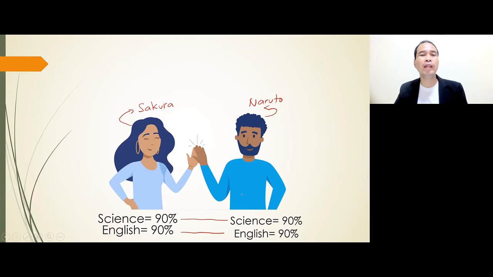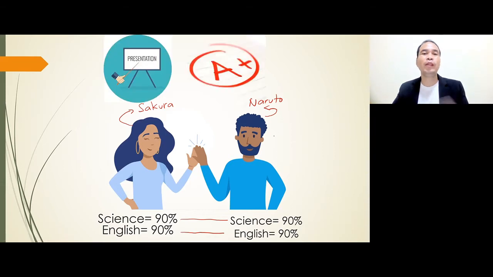In that moment, they will help only because there is a presentation, so that if they have a perfect presentation, they will get an A plus, right? However, after the presentation, Sakura and Naruto can live separately. They don't care about each other anymore because the job of making a presentation is already finished.